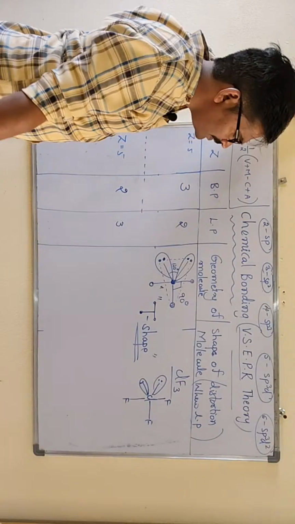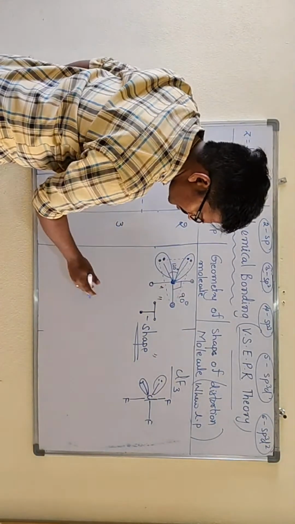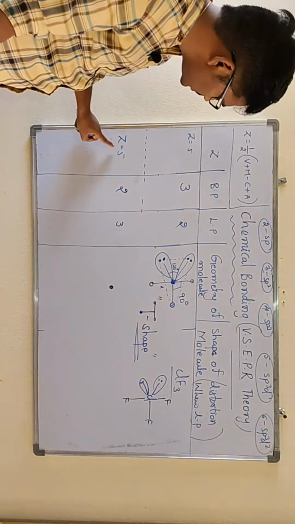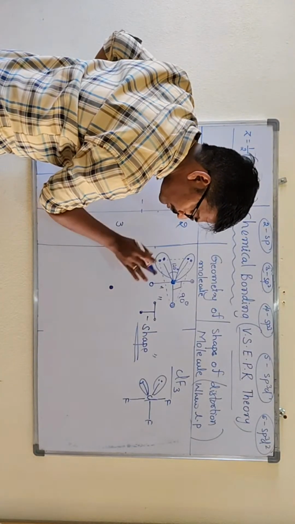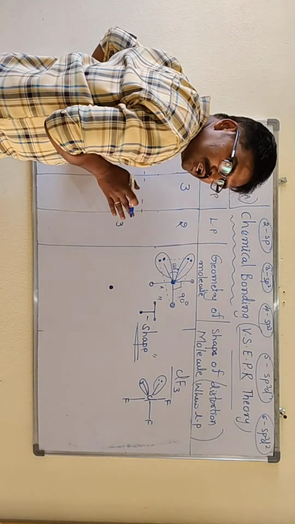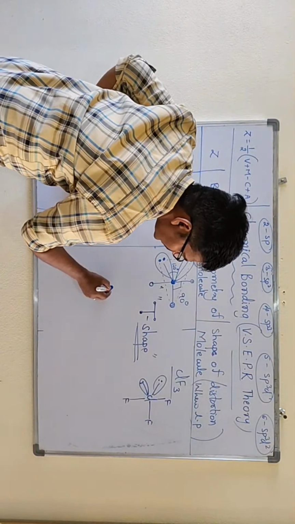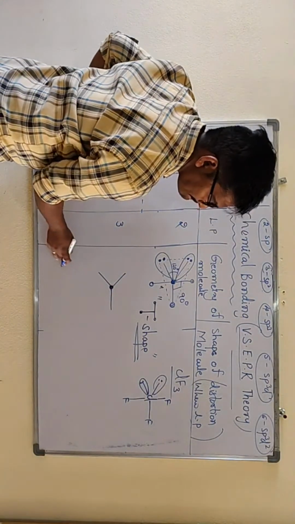At that time, look. Sir, the same geometry has to be taken for the central atom. Why does the same geometry have to be taken? Because the Z value is 5. Z value 5 is nothing but 5 pairs surrounding the central atom, either lone pairs or bond pairs, whatever they may be. So all the pairs are present around it.